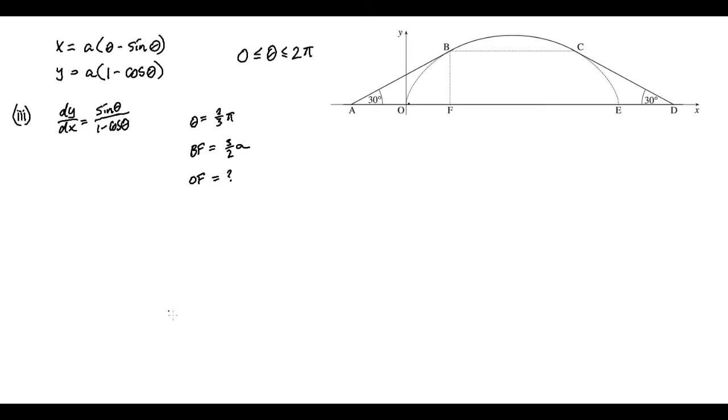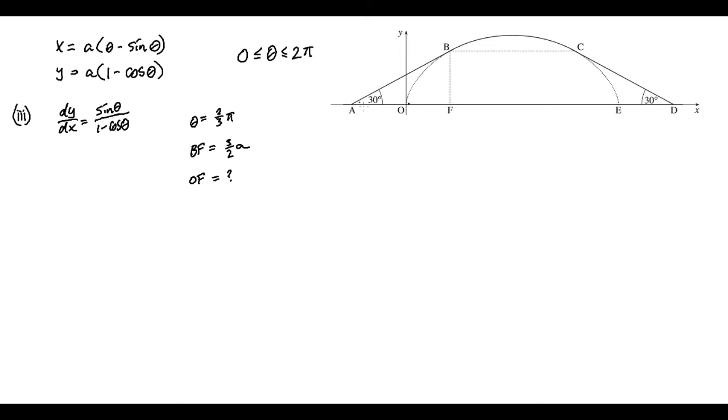So just make sure that you read the question and change your calculator angle unit as you go along, because that is the most likely downfall for most candidates, that they forget to change their angle units and they get horrible numbers.